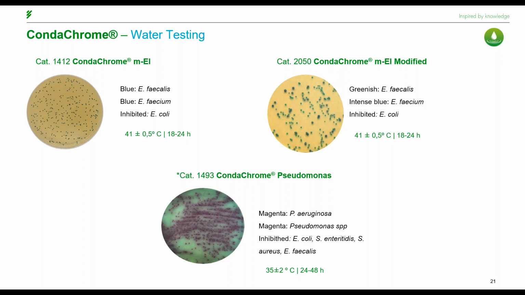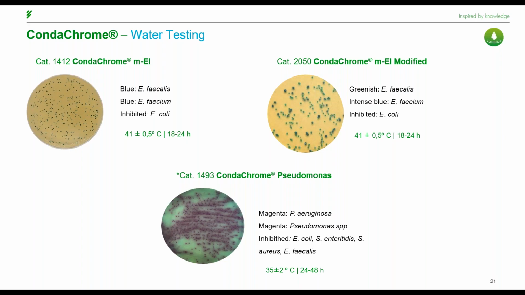If tetrazolium chloride is added, if you want much more specificity of the media, then the colonies will be red. And due to the selectivity of the medium, gram negatives will be inhibited, and so will all other gram positives that, of course, are not enterococcus.